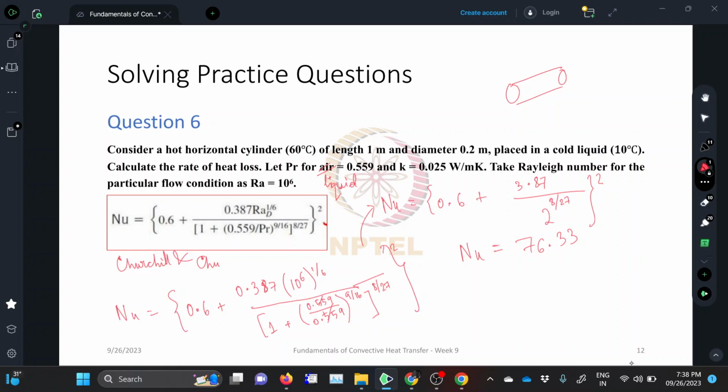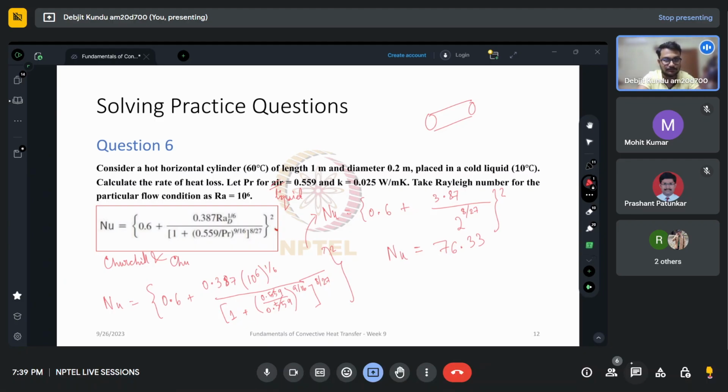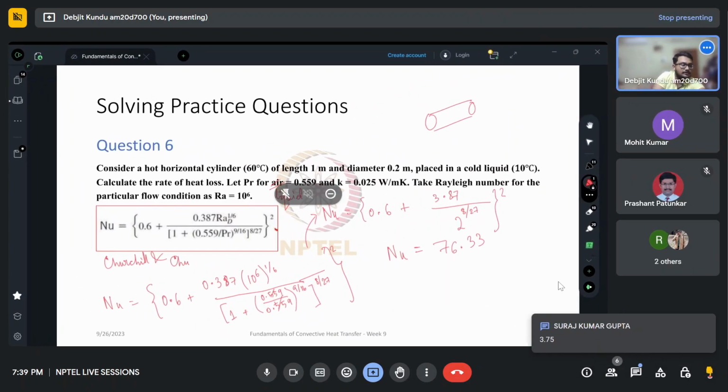So 3.87 divided by 1.227, and this thing plus 0.6, and then this has to be squared. Hey, I'm getting a much lower value of 14 point something. Are you sure about that 76.33? 3.75? That's even lower.